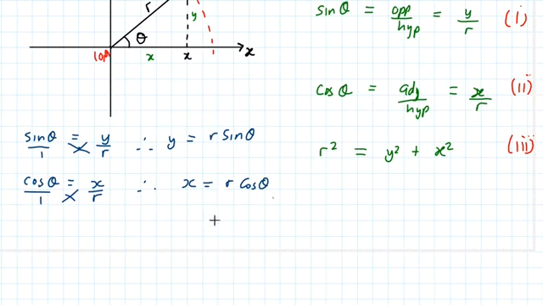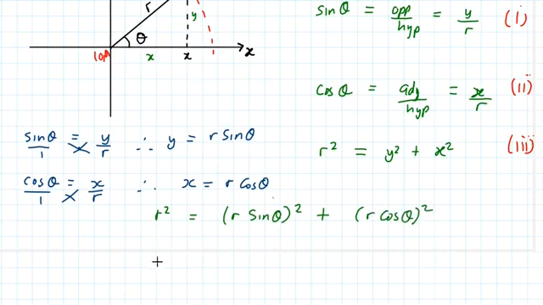Now let's substitute our y and x. When we are substituting, in place of y we substitute r sine theta, then we square it, plus in place of x we substitute r cos theta, then we square it.